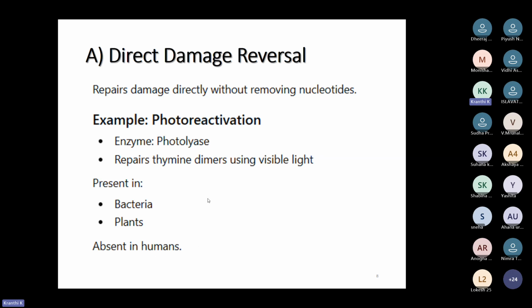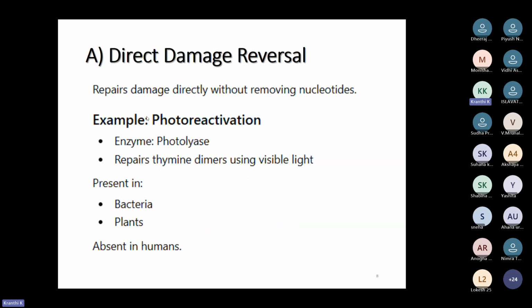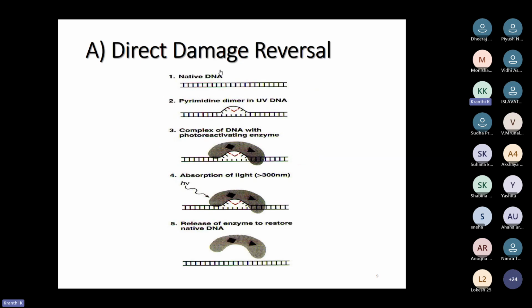Automatically the repairing will be done. What type of repairing here? It will remove the thymine dimers. This mechanism is called photoreactivation, and it's a natural phenomenon. Then coming to direct damage reversal, the same one, but I am showing it with a diagrammatic representation. So it's a native DNA.